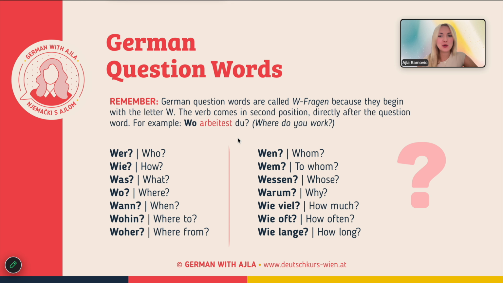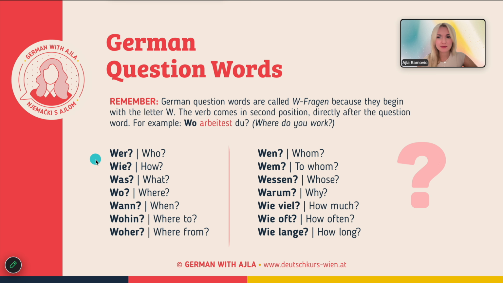Where do you work? Amazing. Now that we understand how to build a question with a question word in German, let's take a look at the most important question words that you need to remember. You need to learn them very well.